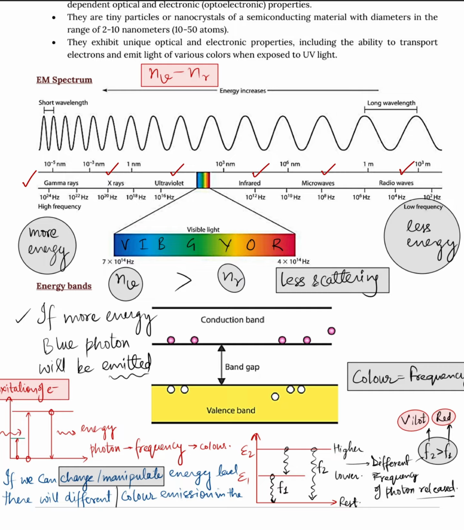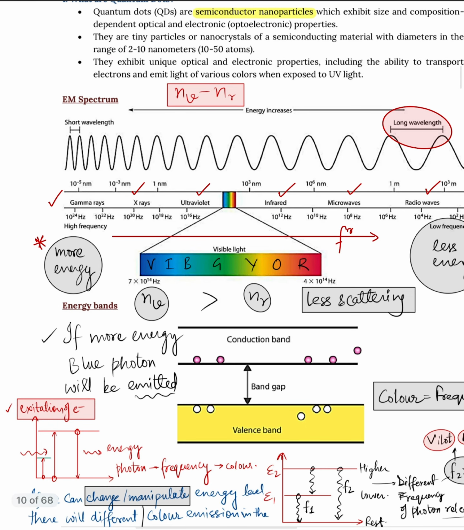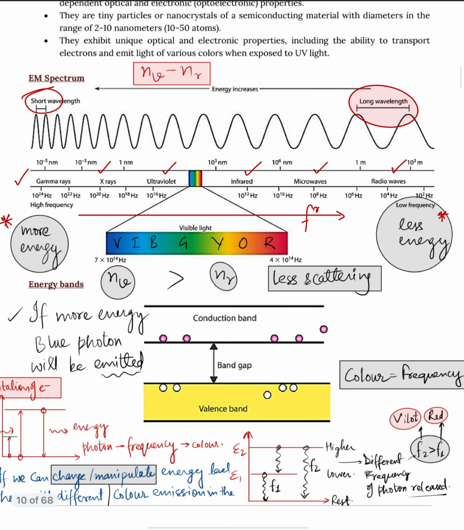This is the trend: this side is more energy and this side is less energy. As you move from left to right, the energy will reduce, hence the frequency will reduce. However, the wavelength will increase, long wavelength here, and short wavelength here. So you remember this spectrum.